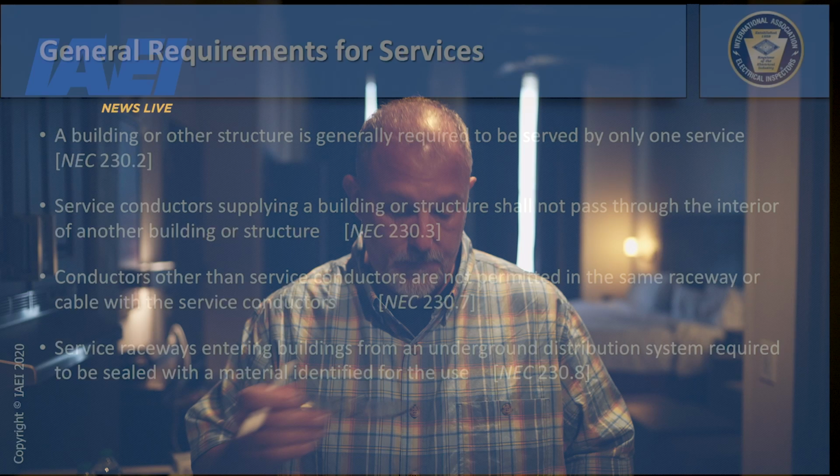Why? Because they're unprotected. So the method of providing a level of protection, minimizing risk associated with those conductors, we will treat them special. How we route them, 230.3, and what they share a raceway with, 230.7. So we provide a level of protection for those conductors, and we have special requirements because, again, they're unprotected conductors.